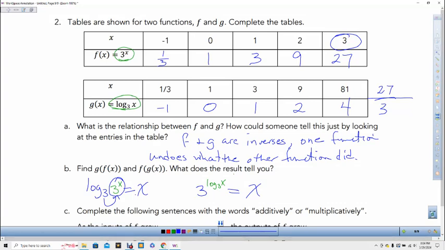So, if we do the composites and they both equal x, since the composites equal x, this means they are inverses.